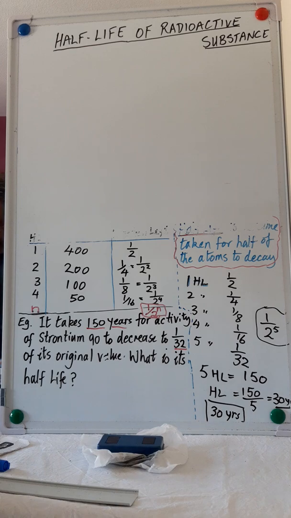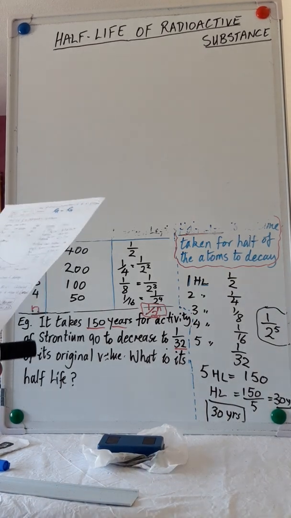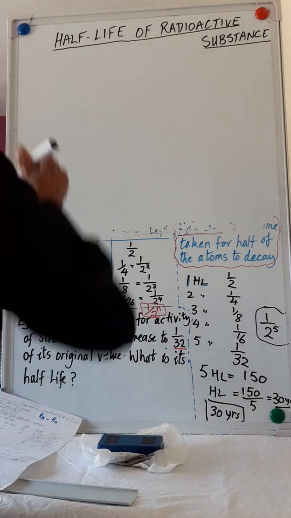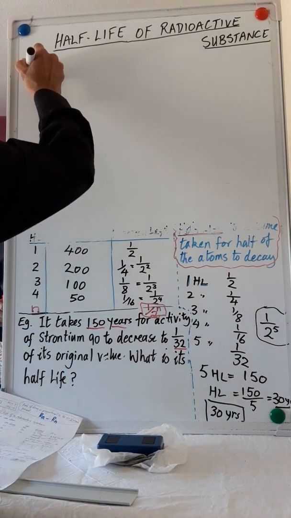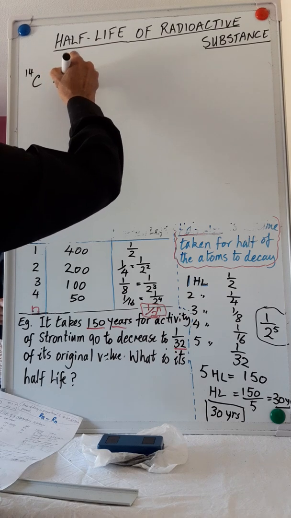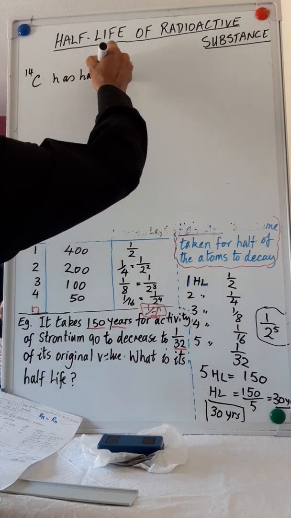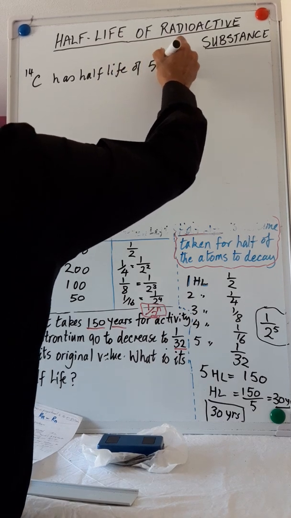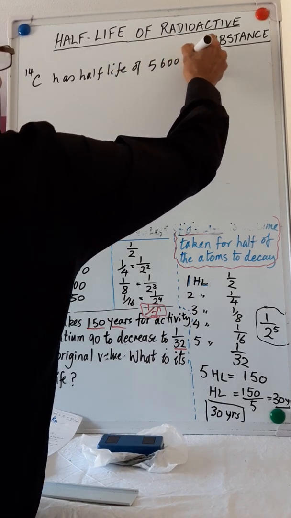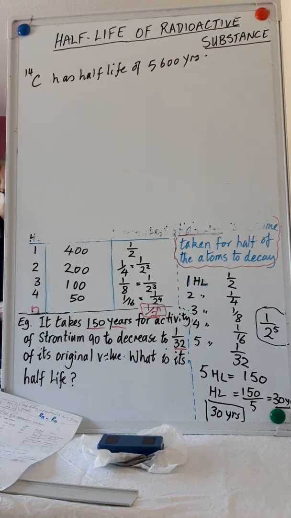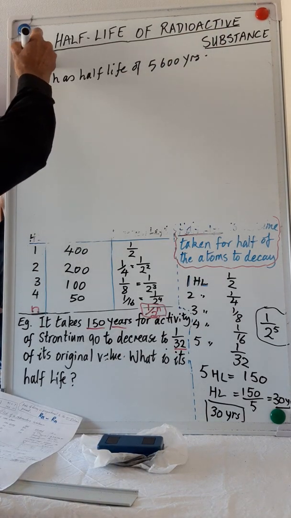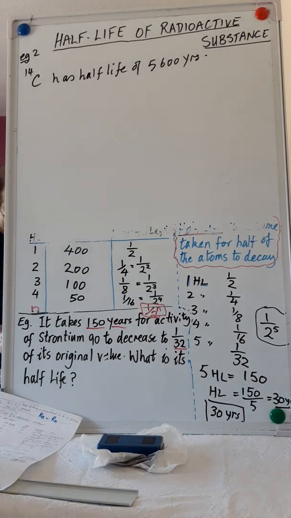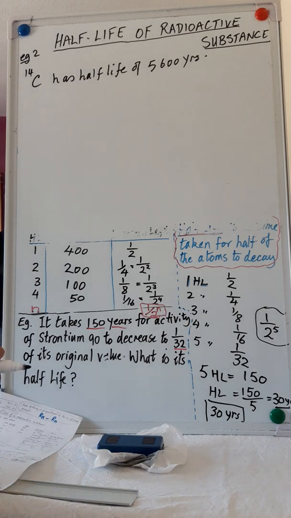Okay, and this is how we're going to do this. Carbon-14 has a half-life of 5,600 years. Now, this is example number 2.